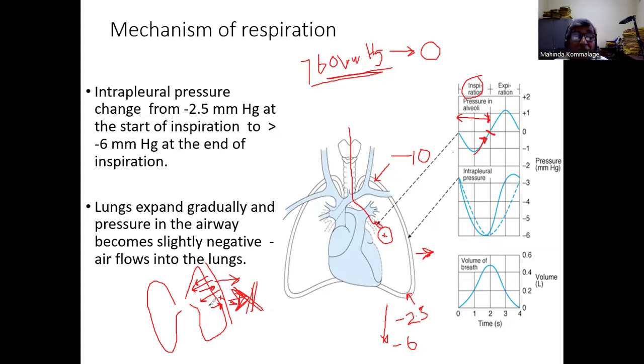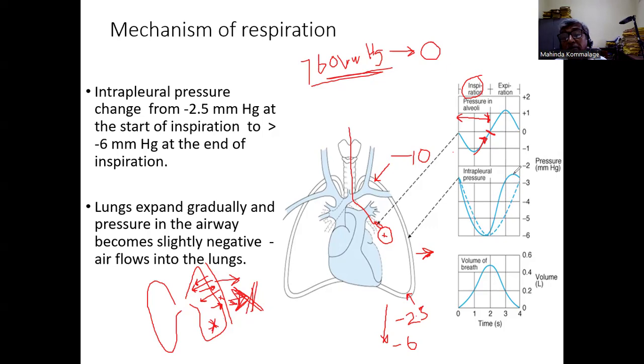And that will increase the intra-alveolar pressure, right? So in quiet breathing, the resting stage, no additional energy is required for expiration. The recoil quality or elastic quality of the lungs will bring them back to the original position and compress the lungs, and intra-alveolar pressure will increase.